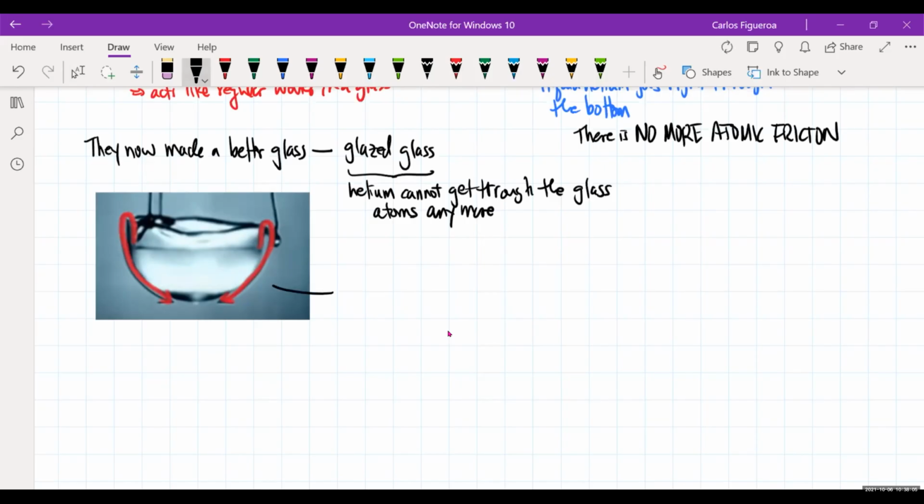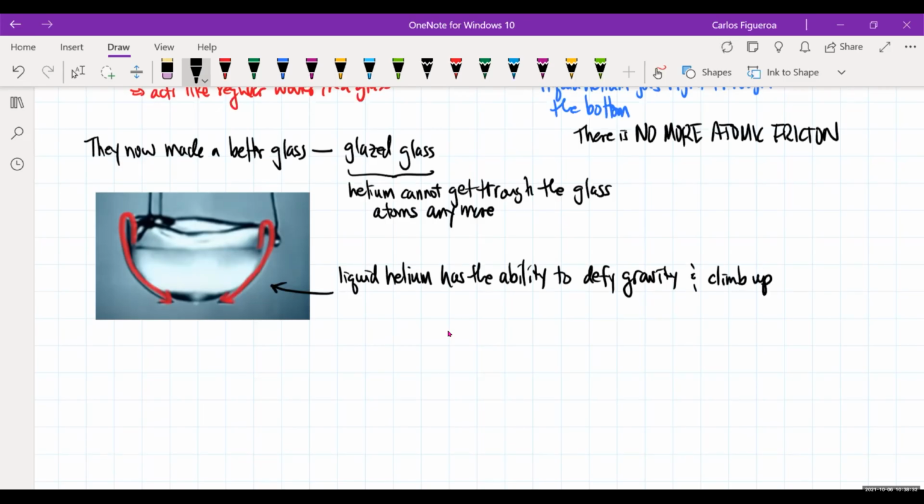So in this situation, liquid helium has the ability to defy gravity and climb up the walls of the container.